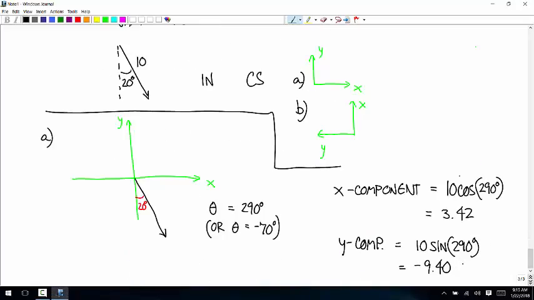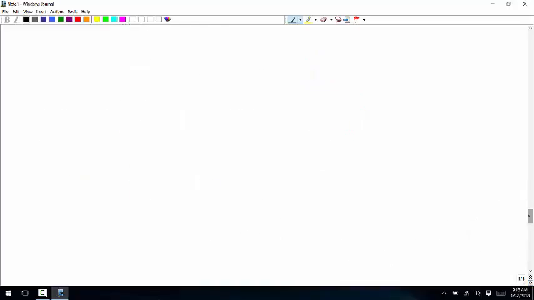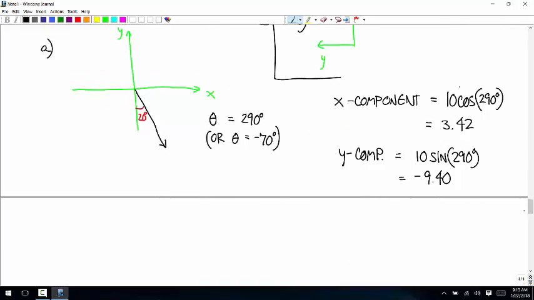So now for part B, we still have the same vector, but the coordinate system now, the x-axis is this way, the y-axis is this way. This angle's 20 degrees.